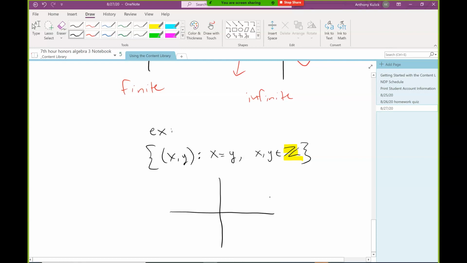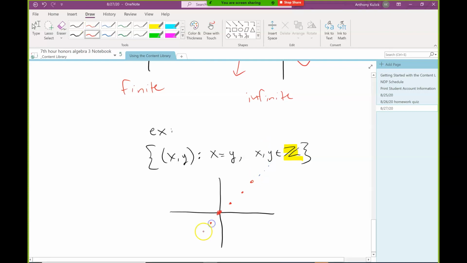Well, for example, in this relation, 1, 1 is a point, 2, 2 is a point, but there's no points in between those, right? 0.5, 0.5 isn't a point in this relation, where it was in the previous one. So here, I'm going to have 0, 0, 1, 1, 2, 2, 3, 3, on and on and on.